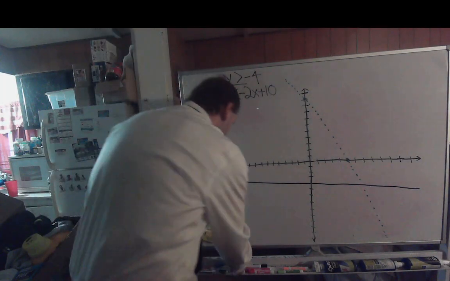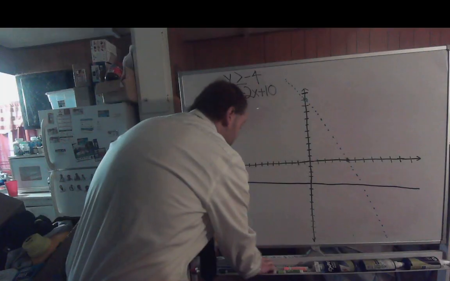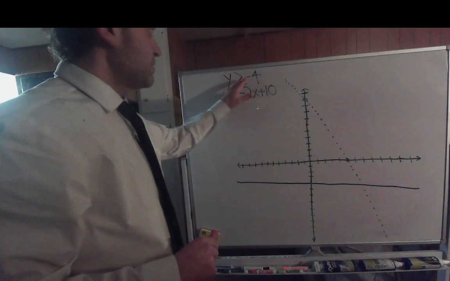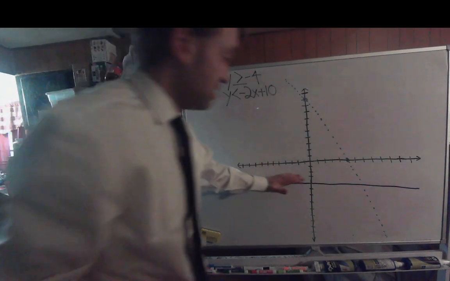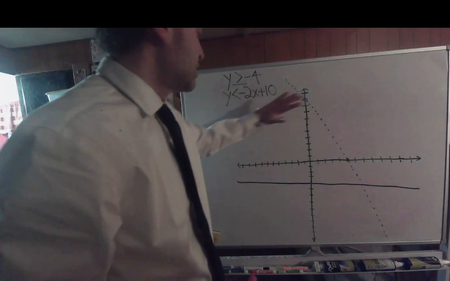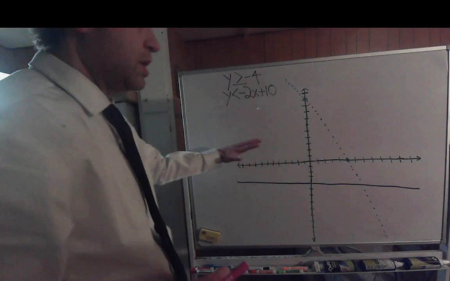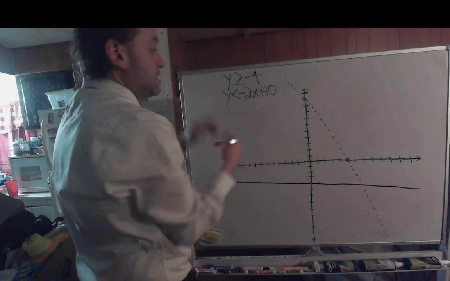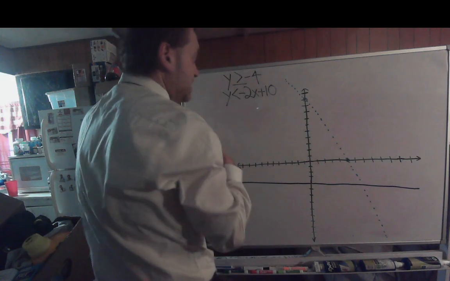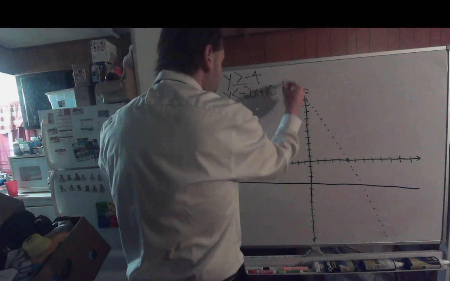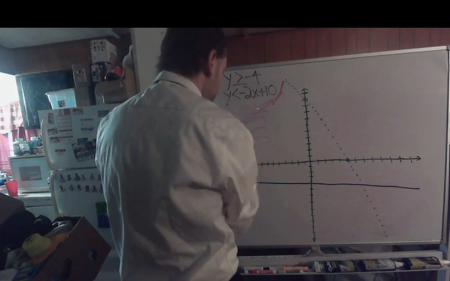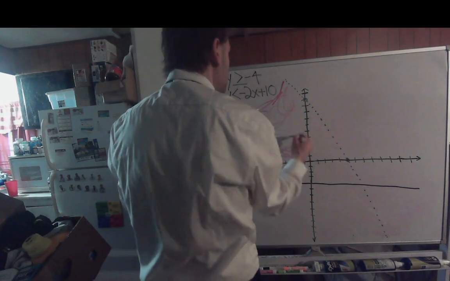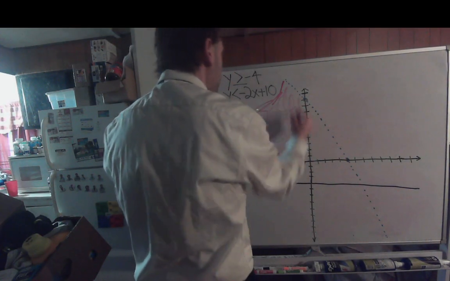Okay, now for shading, we need to shade the region that meets both criteria. So y is greater than or equal to negative 4. That's going to be above this purple line. But y is less than negative 2x plus 10. That's going to be below this blue dotted line. So everything over in there is going to be shaded. And you'll get the idea if I don't color it in all the way.